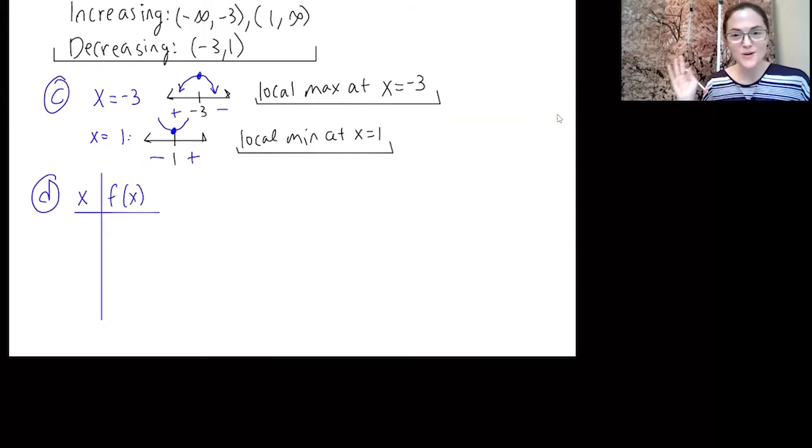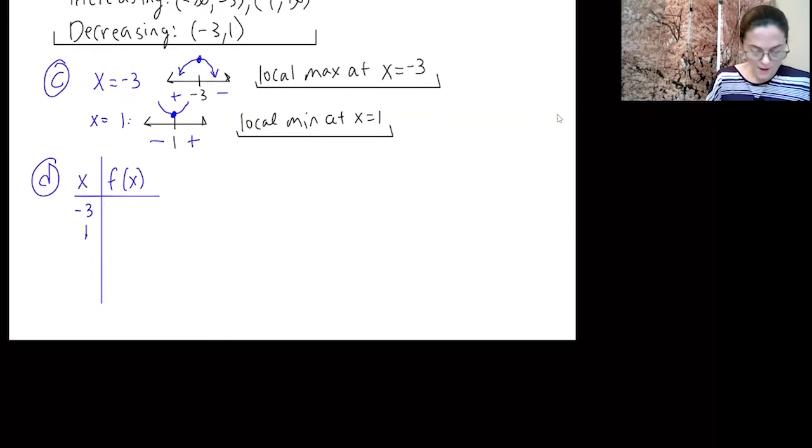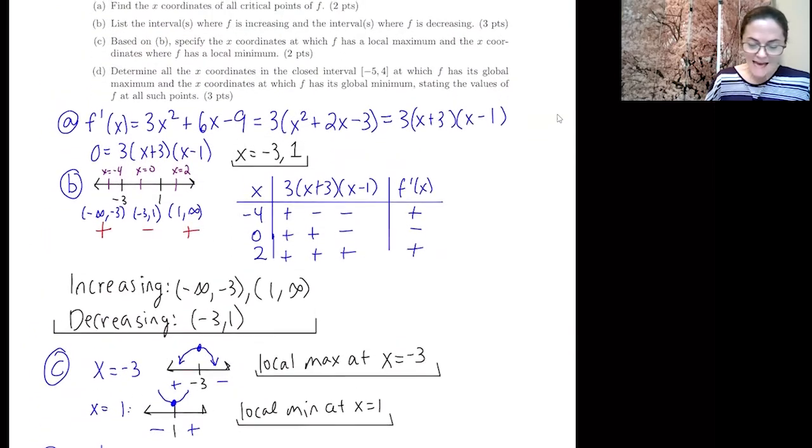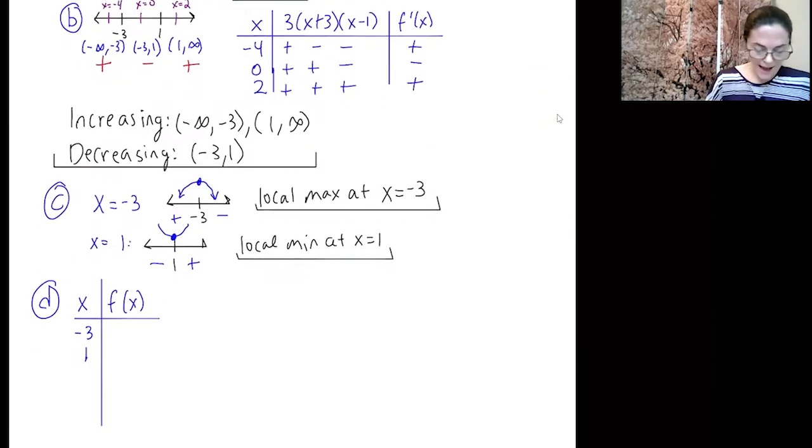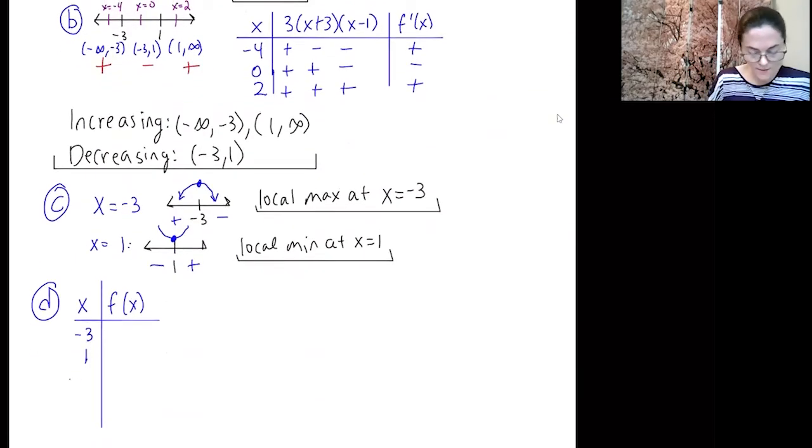Well, we put all the critical points. So I see two of them here, -3, 1, and then I need to add, as I mentioned, when we are on a closed interval, the endpoints are critical points, so I will add -5 and 4.